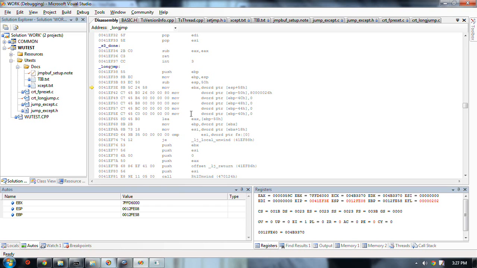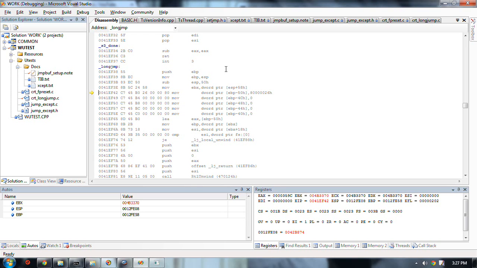Yeah, this confused me for a while. I was looking at this as EBP, but it's not. It's ESP, which we just subtracted 50 from. So this really says previous ESP plus 8. And so plus 4 would be the last thing pushed.